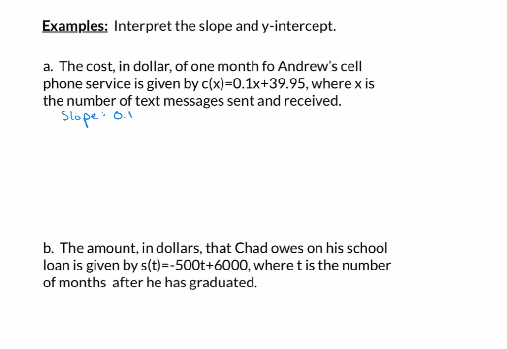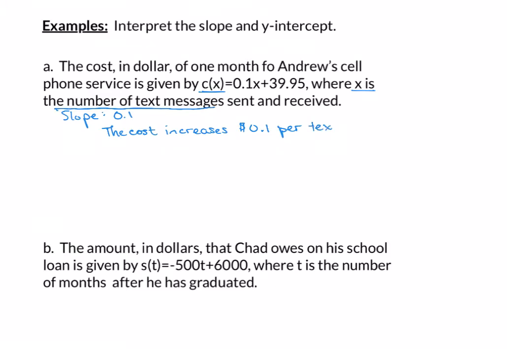So in order to interpret this, the cost, that's my y. Remember that C of x represents a y. So how does the y change? The cost increases, it's a positive, 0.1 per, we have x is the number of text messages.